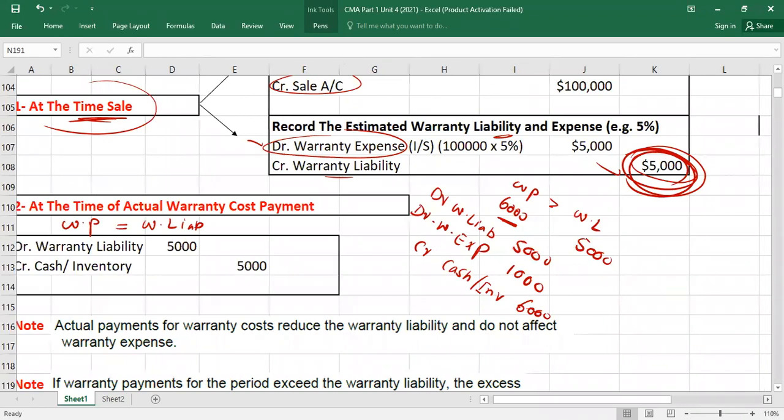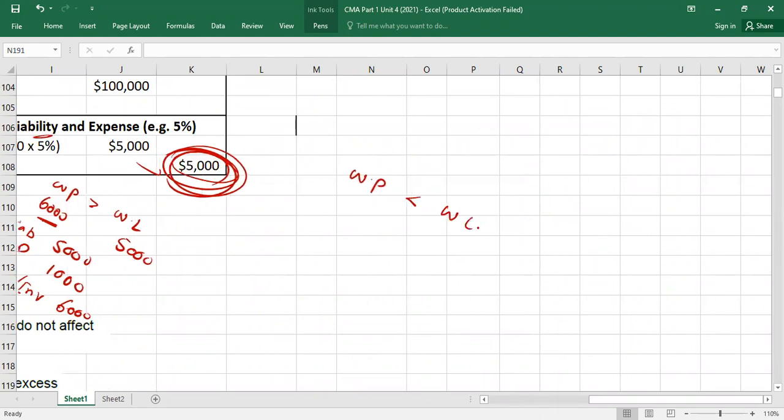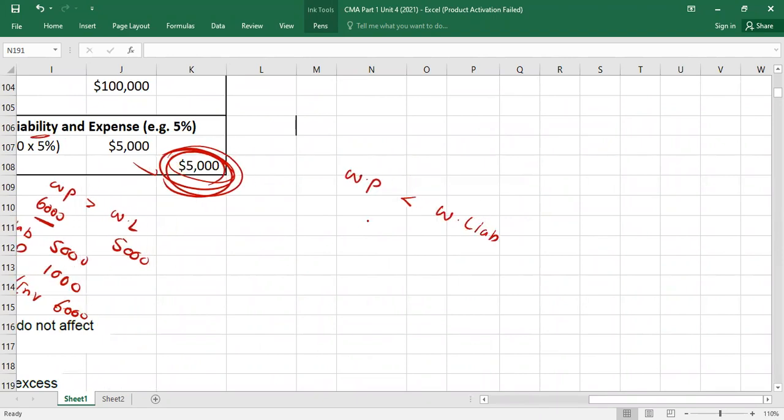Scenario number three is what to do if warranty payments are lesser than the warranty liability. For example, warranty payments are 4,000 and the warranty liability was 5,000. What will you do now? At the time of payment of the warranty, what entry will you pass?